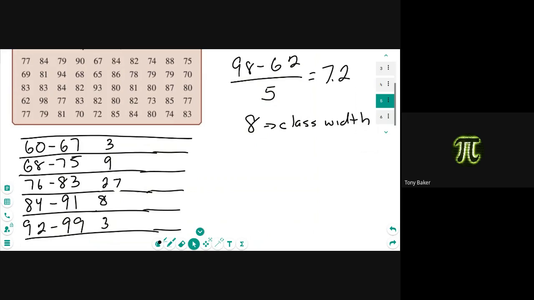Something bigger than 4, 5 typically, it literally depends on how much data you have and how spread out your data is.